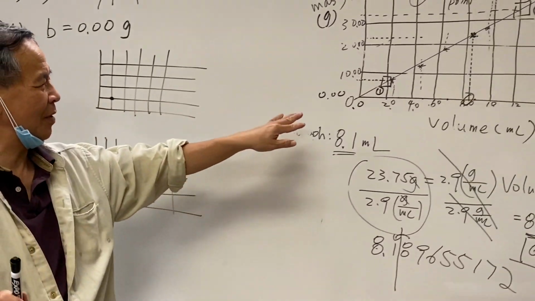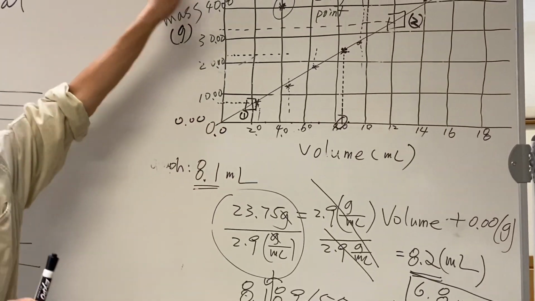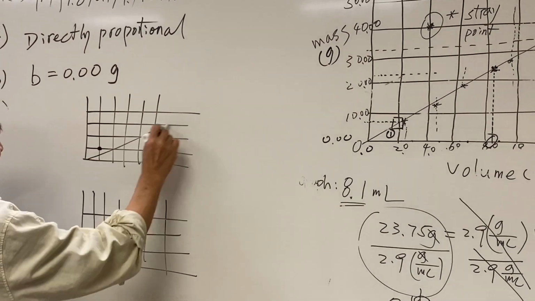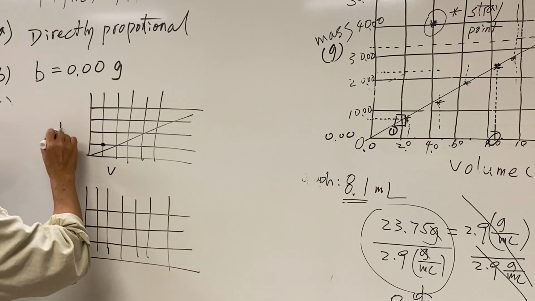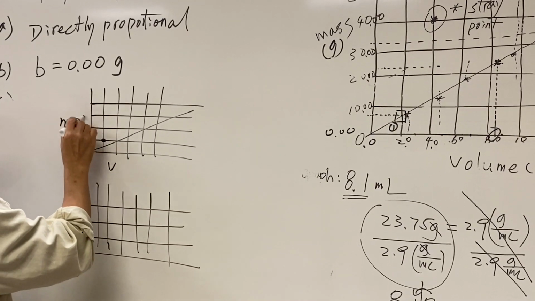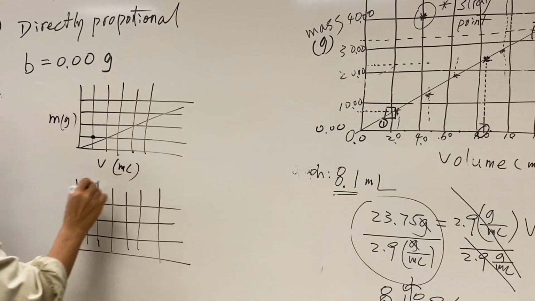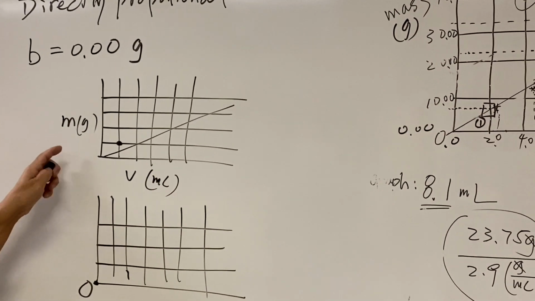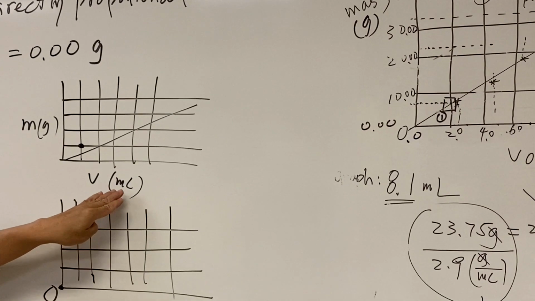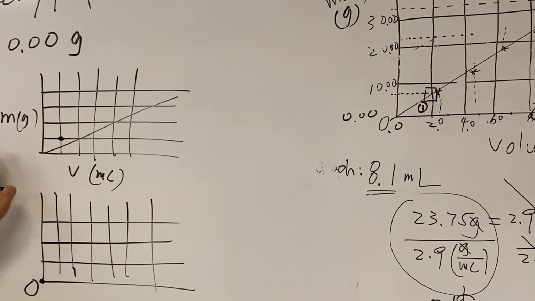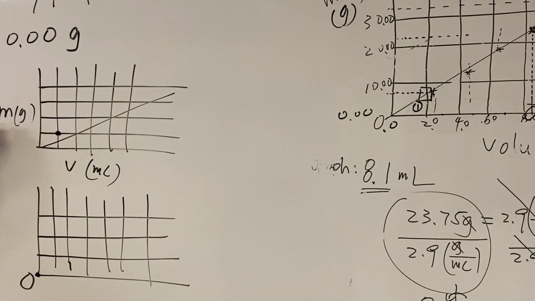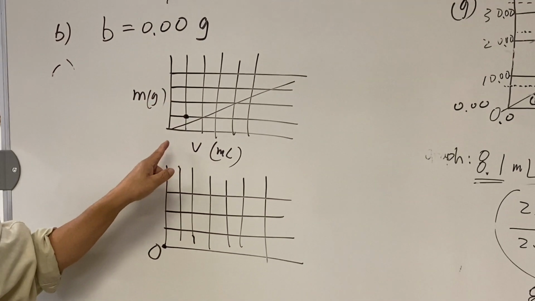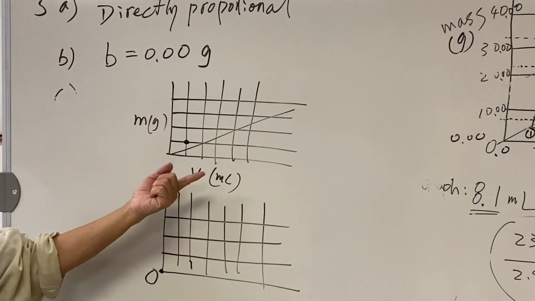For example, if you somehow graph this wrong, and your line, this is the volume, this is the mass, goes like so, then you know you have made a boo-boo, because there is not any negative volume, there is not anything called a negative mass. So you know you made a mistake, and you need to redo it again, all right?